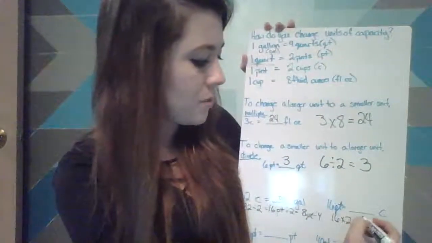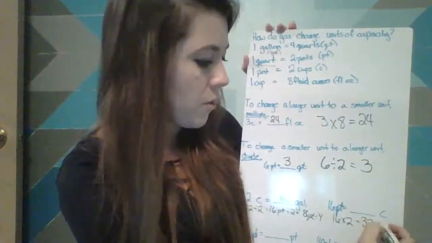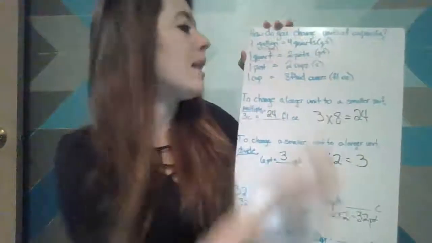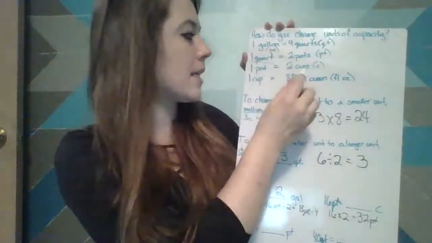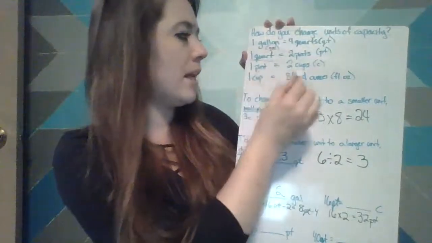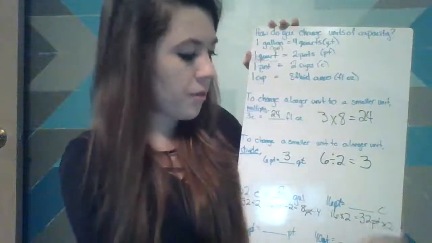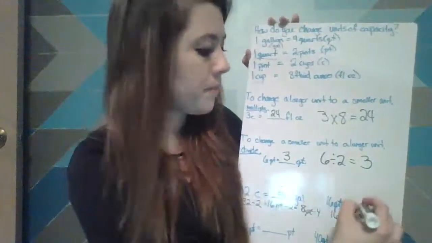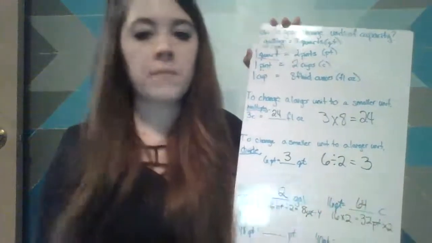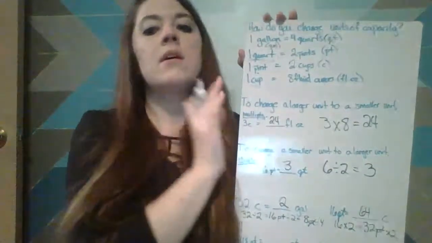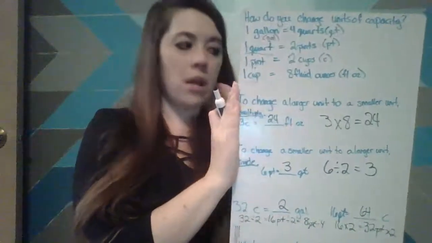So 16 times 2 equals 32 pints. Now we need to go from pints to cups. Once again, 1 pint equals 2 cups. So we're going to multiply by another 2. So 32 times 2 gives us 64. So 64 cups equals 16 quarts.